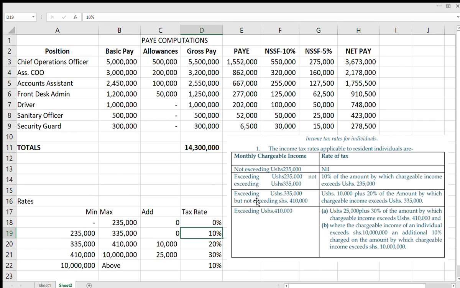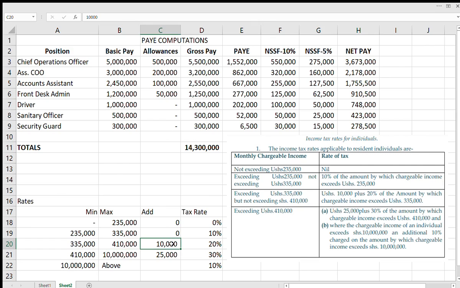The same has been done for the third range, which is from 335,000 to 410,000.